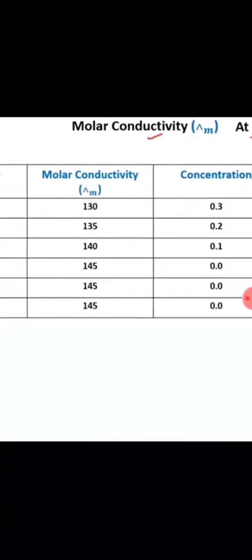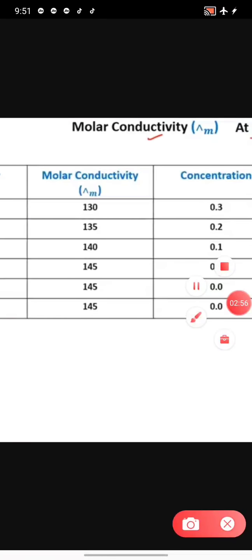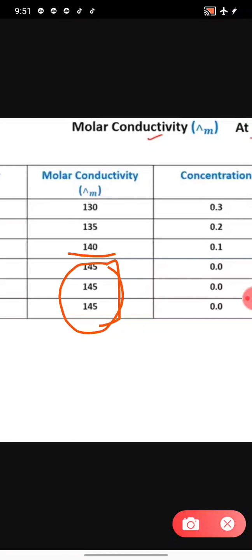But you can observe after some time, that is after this value, the molar conductivity value has become constant. You can see that after the third level of dilution, that is after 140, the value of molar conductivity has become constant. That is, now there is no net effect of dilution on the value of molar conductivity, and also the concentration has become constant.